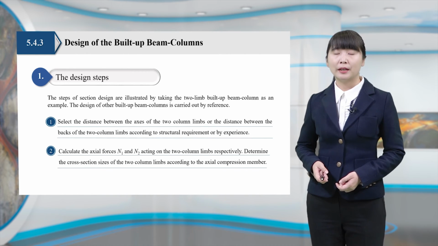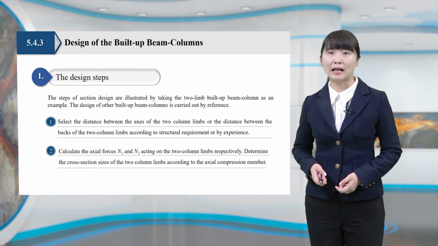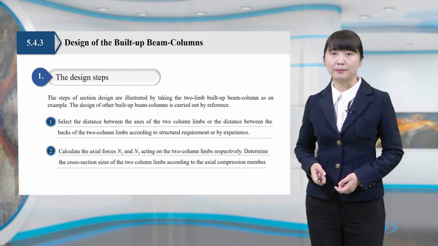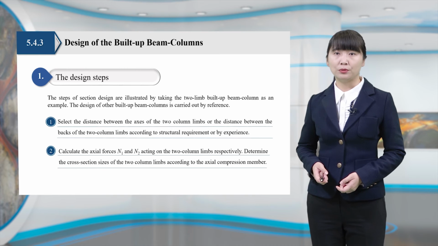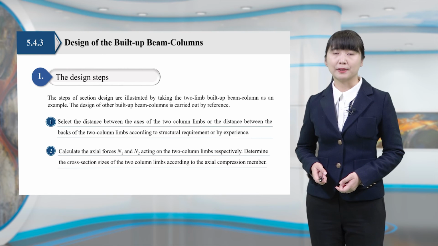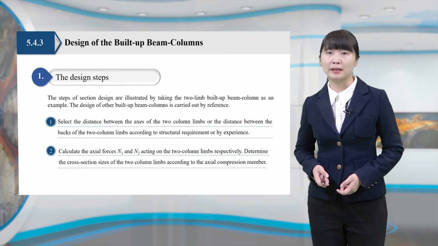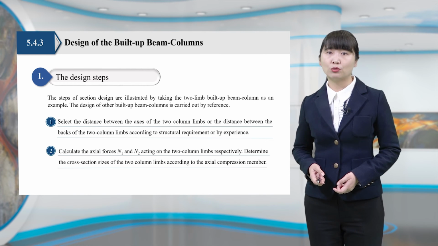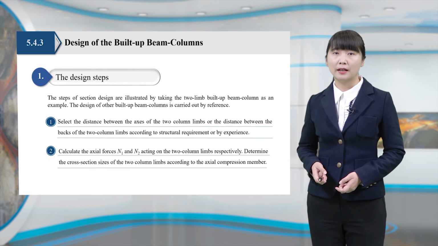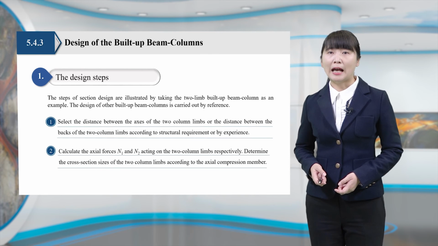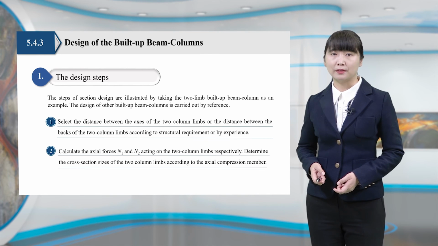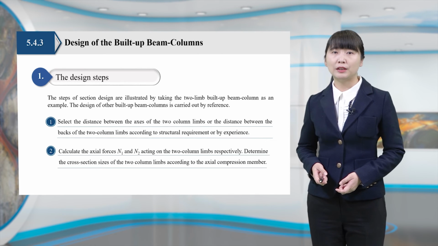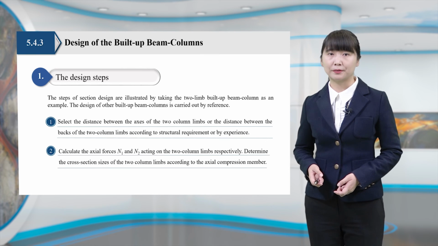The first step is to select the distance between the axes of the two column limbs, or the distance between the backs of the two column limbs, according to structural requirements or by experience. The second step is to calculate the actual forces N1 and N2 acting on the two column limbs respectively, and to determine the cross-section sizes of the two column limbs according to the actual compression member.